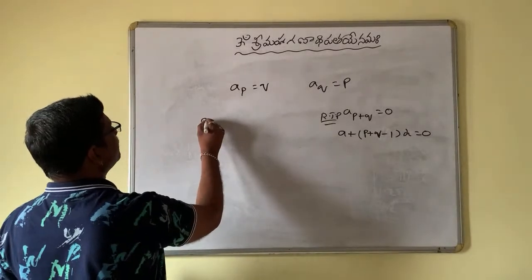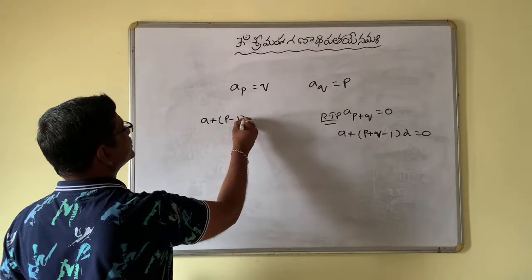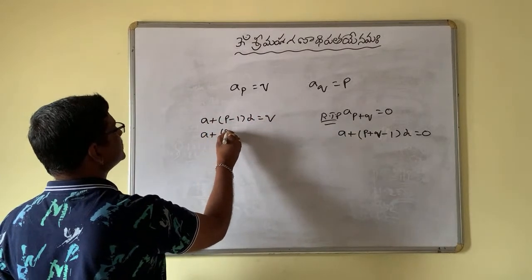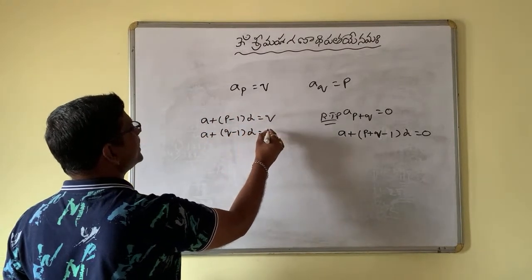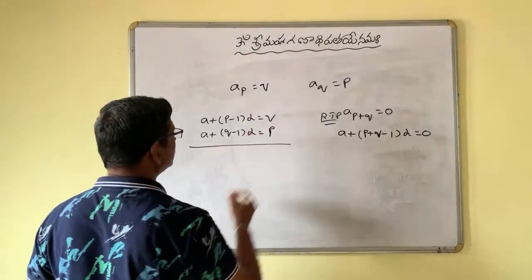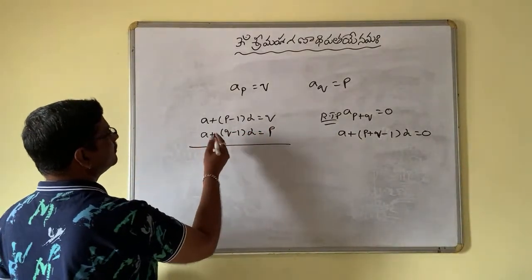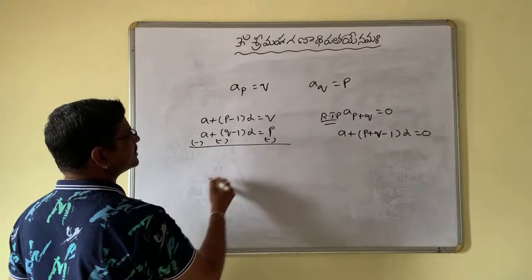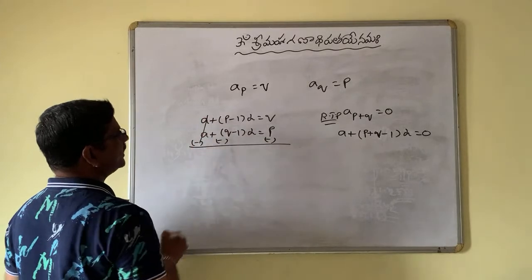The Pth term: A plus (P minus 1) into D is Q. The Qth term: A plus (Q minus 1) into D is P. Now we have two equations. Subtract both equations; A and A get cancelled.